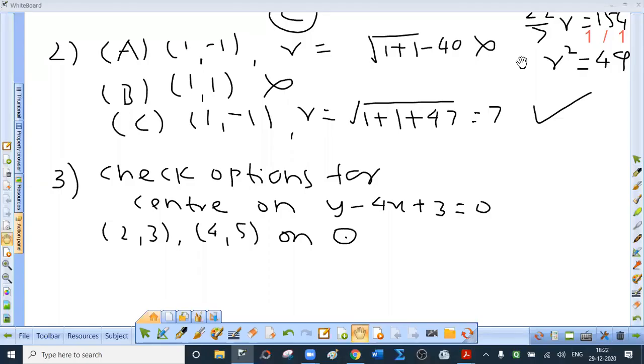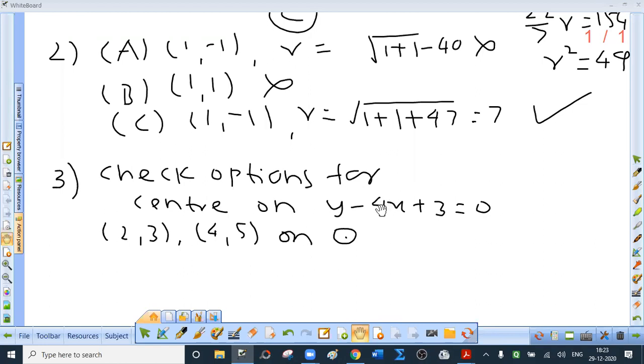Third sum. Find the equation of the circle which passes through the points 2, 3 and 4, 5 and whose center lies on the line y minus 4x plus 3 equal to 0. First check whether the center lies on this line. If the center lies on the line, do not conclude that this is the correct answer, because infinitely many points lie on this line, right?